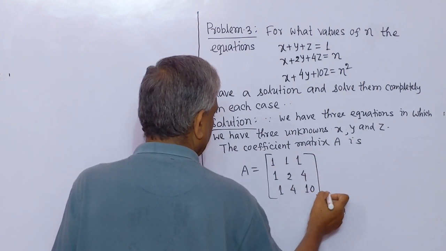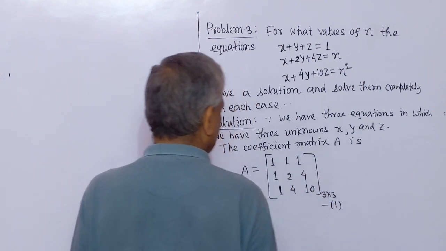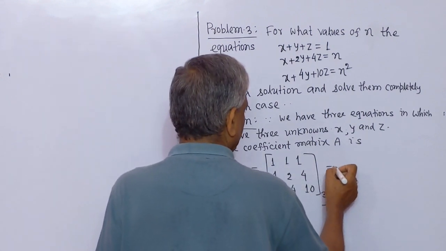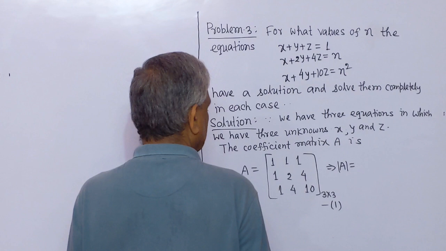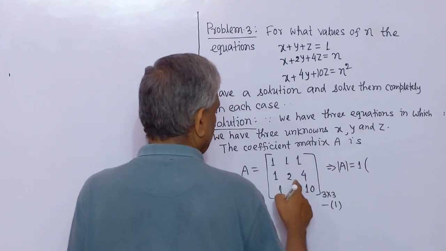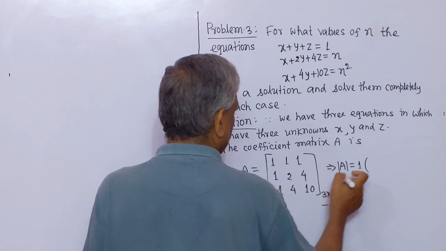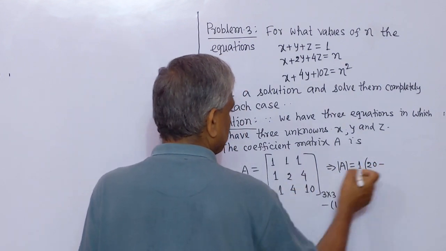This is a 3 by 3 matrix. This is number 1. Implies that determinant of A: here we write 1, here 2 multiply 10, 20 minus 4 multiply 4, 16.